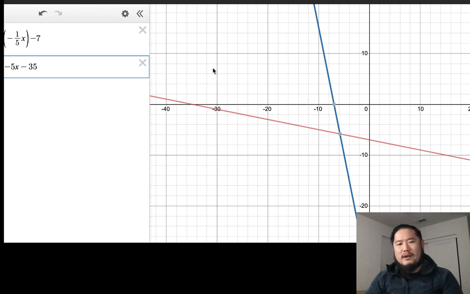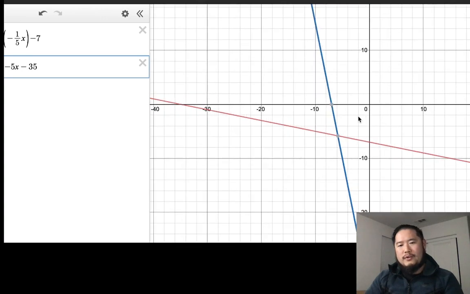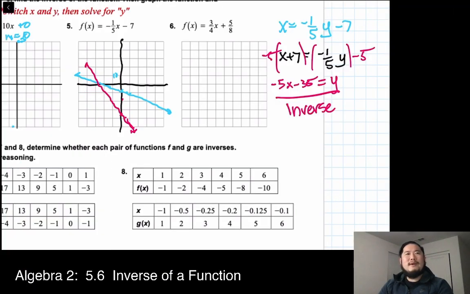Because if you looked at the original one that I drew by hand, it didn't look like it reflected across y is equal to x. But this one right here definitely looks like it. If we draw a line that goes diagonally right here, you can see exactly it goes through this point of intersection, and it is an inverse. Unfortunately, it didn't come out that way right here, as you can tell.